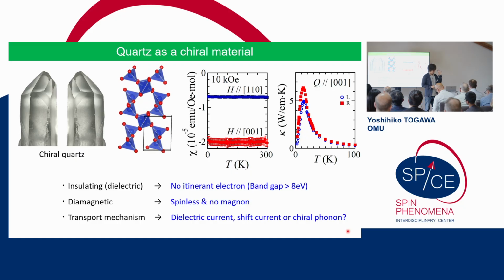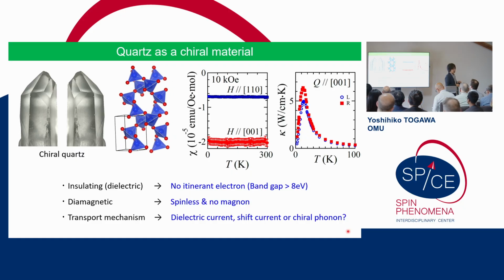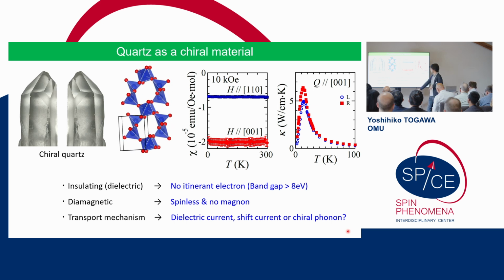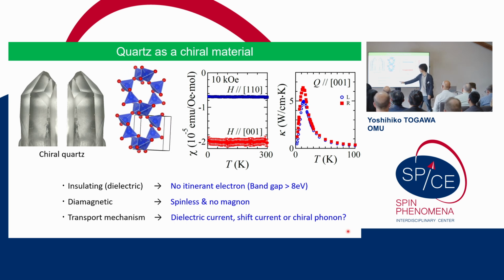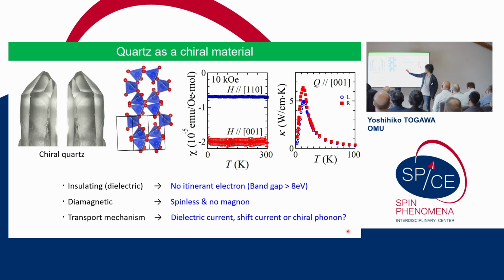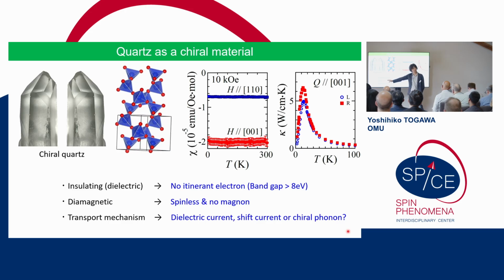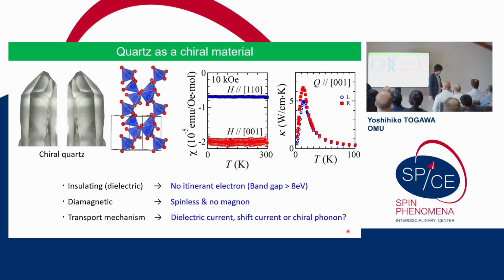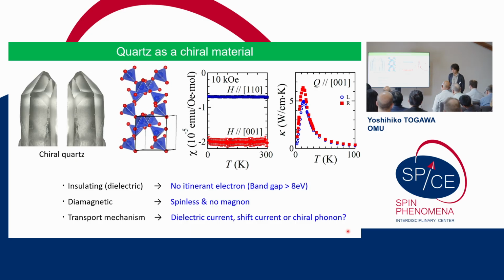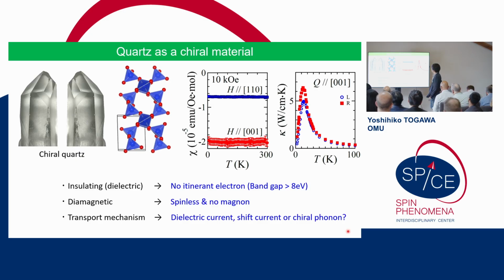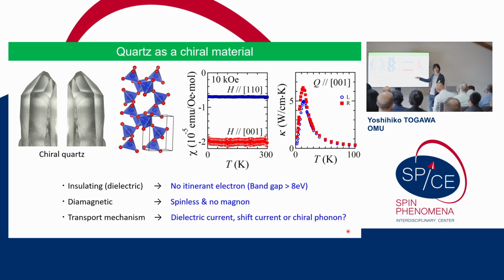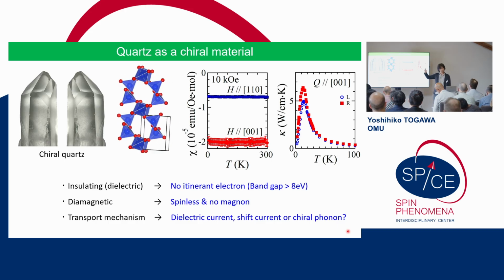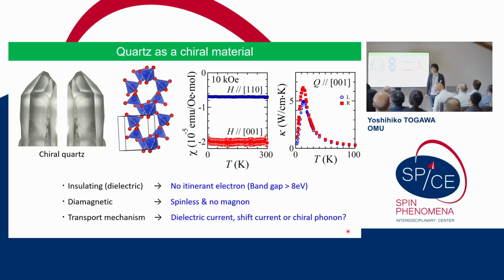For the investigation of the chiral phonon, an insulating material is much nicer because it doesn't have any electrons for transport. Quartz shows a diamagnetic property, which means it is spinless and no magnon contribution is expected. Another good thing is that the band gap is very large, so maybe there are no thermally excited electron contributions.